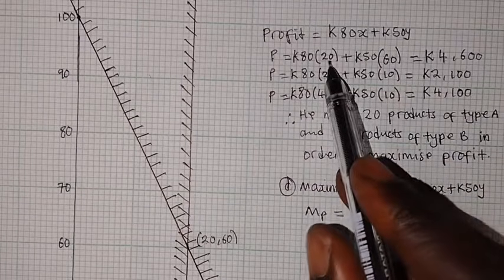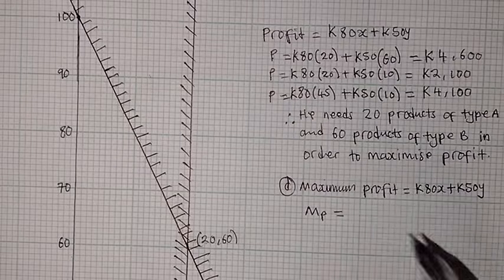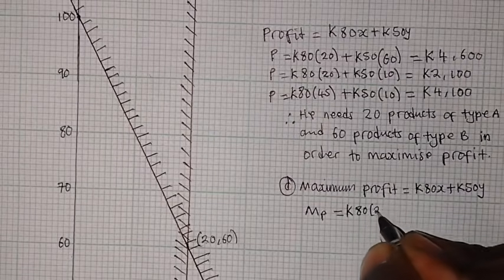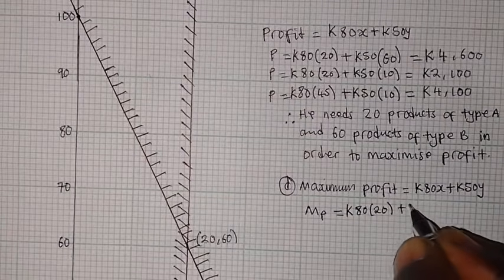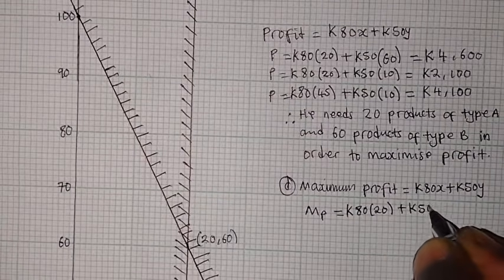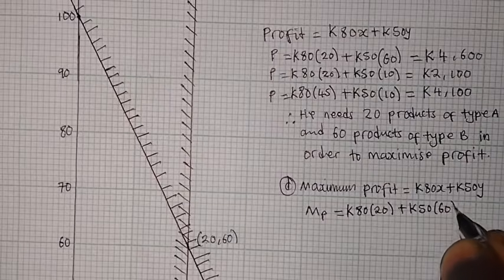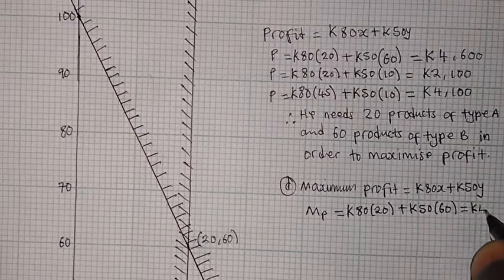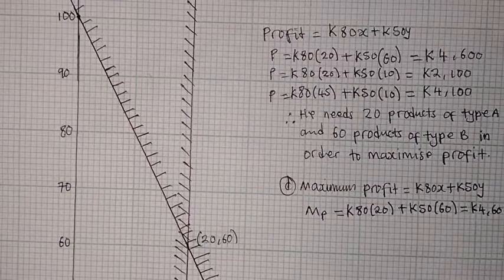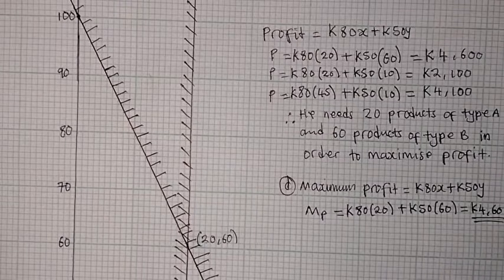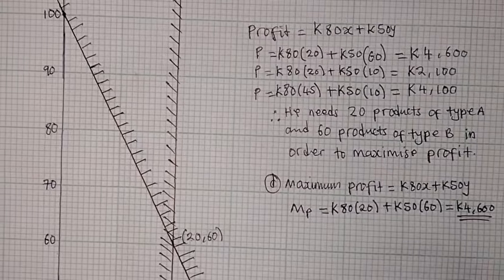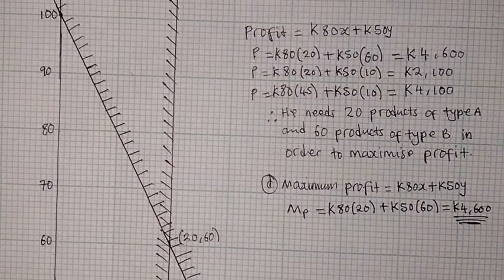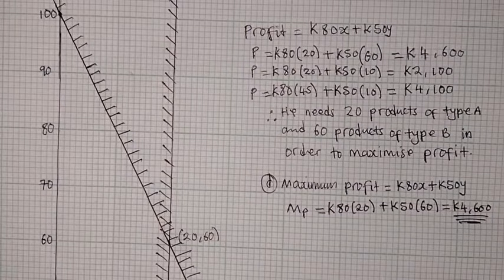It's this one, where we are 20 and 60. So you copy this same one. You just write 80 in brackets, you put a 20 there, plus 50 in brackets, you put a 60 there, equal to 4,600. So this was the maximum profit. You're getting 4,600. This was the maximum profit. So we have answered our question.